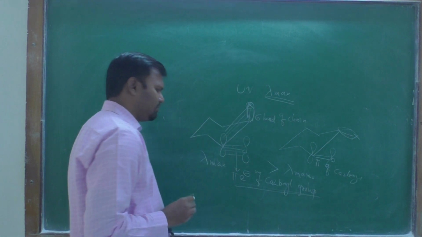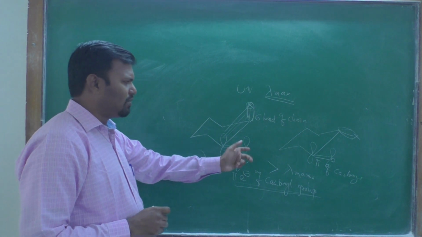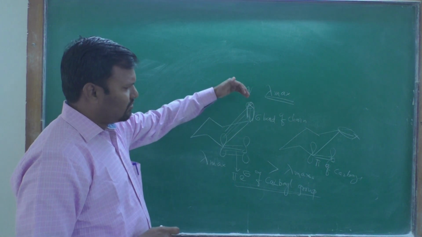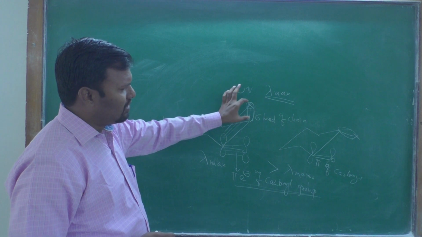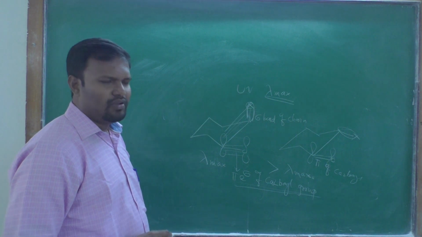In this case the pi bond of the carbonyl group can overlap with the sigma bond of chlorine.